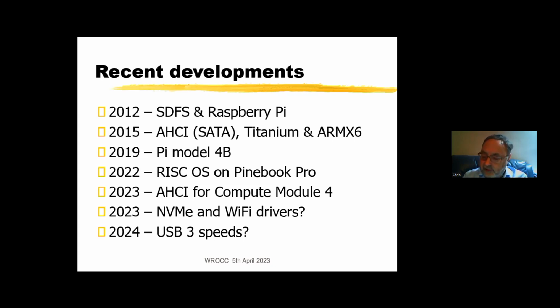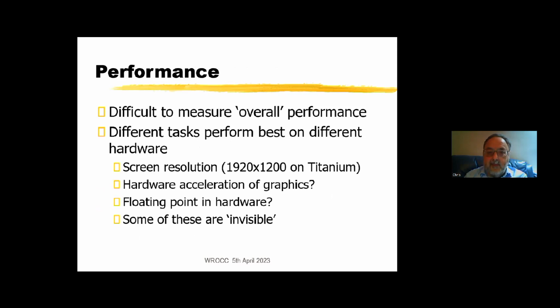Now it's very difficult to measure overall performance, and it really does depend on the task. There are other limitations which might be equally valid, like screen resolution, for example, because the Titanium is limited to 1920 by 1200.